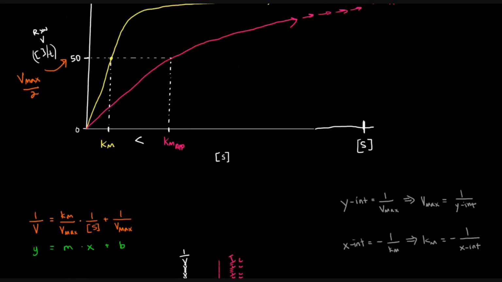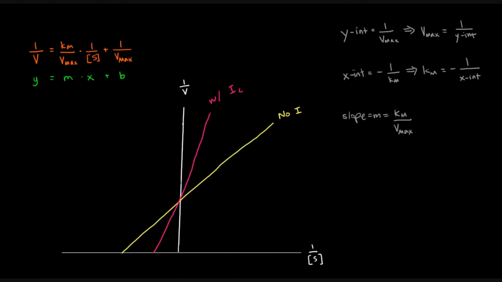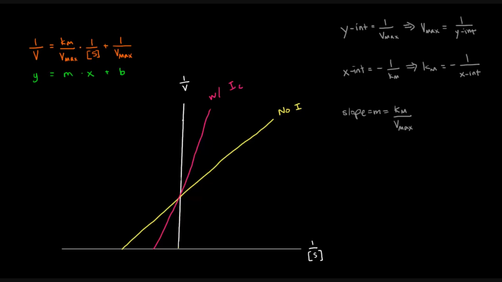Now how does this translate into the Lineweaver-Burk plot? So what we have here in orange is the equation, the y equals mx plus b line for the Lineweaver-Burk plot. And of course, here is the y-intercept, which we know is equal to 1 over the Vmax. And here we have the x-intercepts of these two graphs.